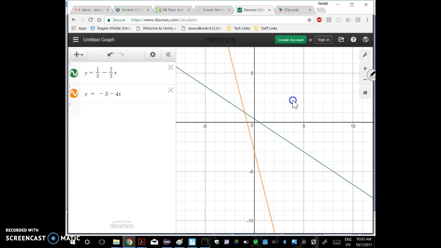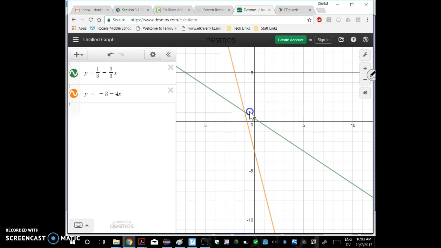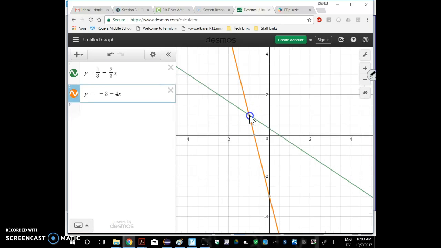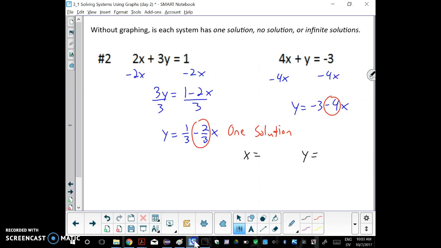Okay, so now I got the two lines graphed, the two y equals lines, and then just use Desmos to click on that point. Negative 1 and 1 is our solution. So in homework, if it has a solution, actually find the one solution. In this case, negative 1 and positive 1.